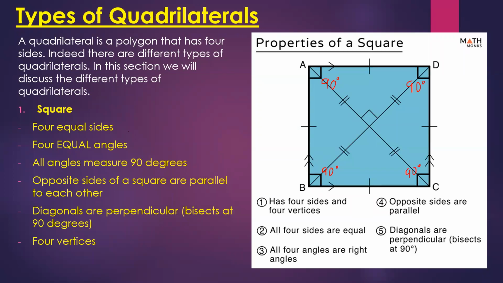So we know what gives away the four equal sides. We know what gives away the four equal angles. It says opposite sides of a square are parallel to each other. What symbol gives away that they are parallel? The two lines to the side?